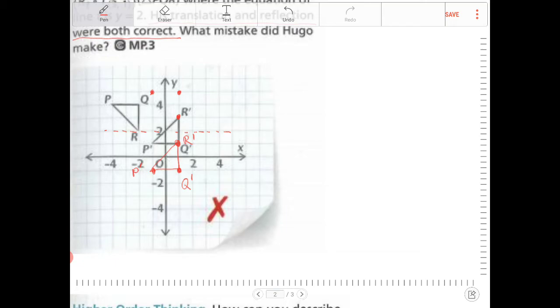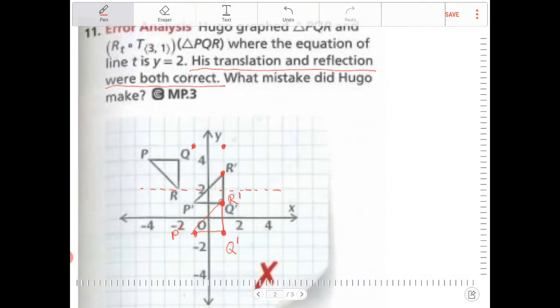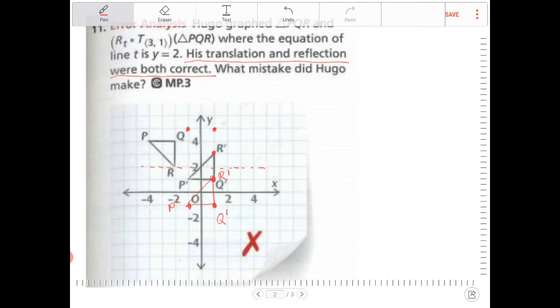No, I take that back. He performed the glide reflection backwards.